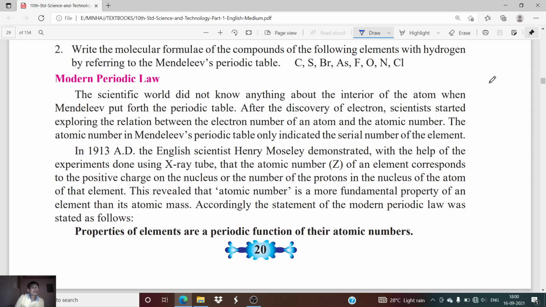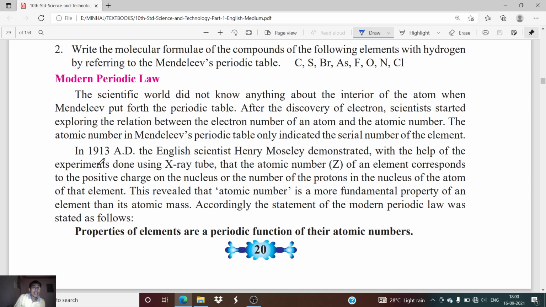When it was discovered, new concepts evolved, and many scientists used them in classifying the elements. The atomic number in Mendeleev's periodic table only indicated the serial number of the element, but after the discovery of the electron, a new concept, the atomic number, came into use.